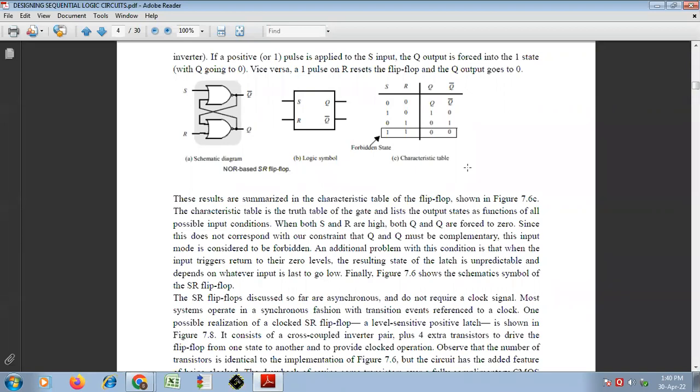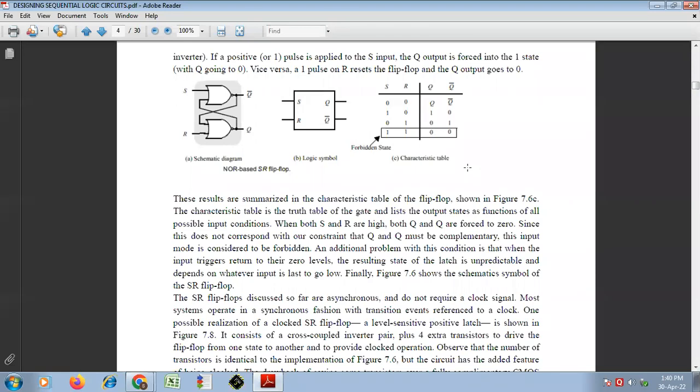The additional problem with this condition is that when the input triggers, S and R, return to their 0 levels, the resulting state of the latch is unpredictable and depends on whichever input is last to go low.